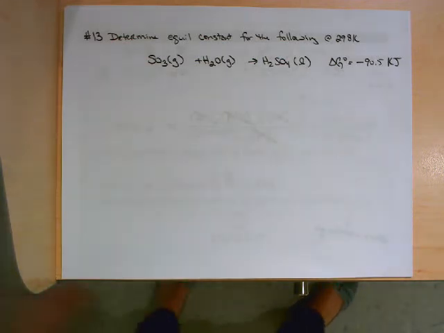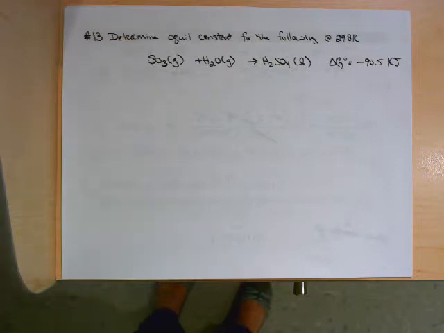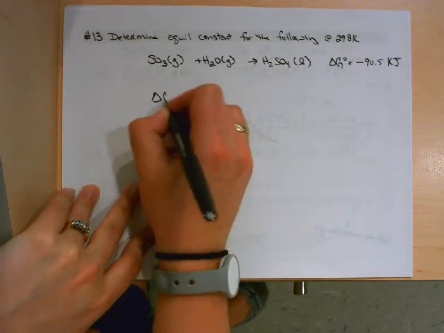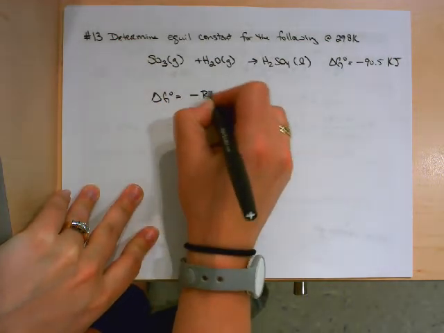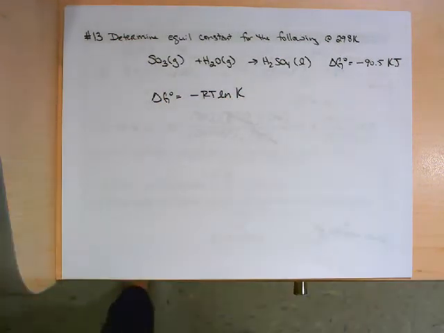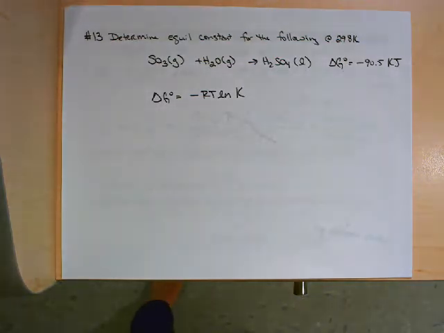Alright, what letter of the alphabet is our equilibrium constant? K. There's only one equation that you use that relates G and K.